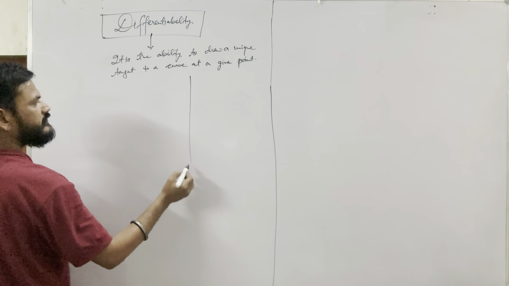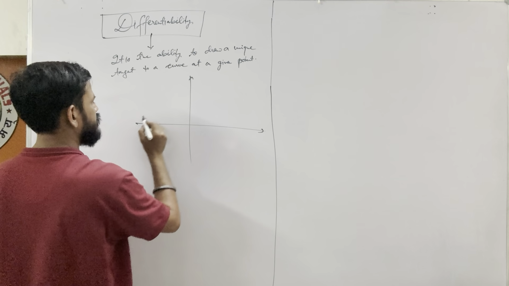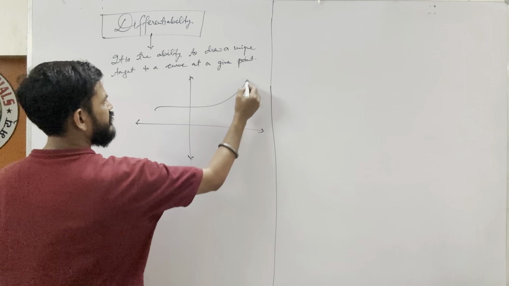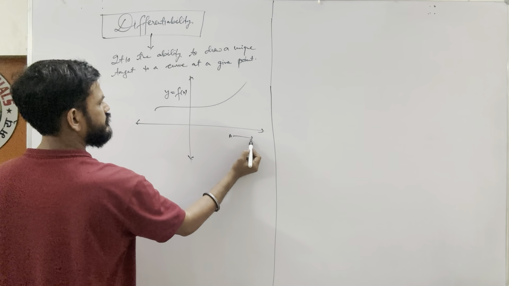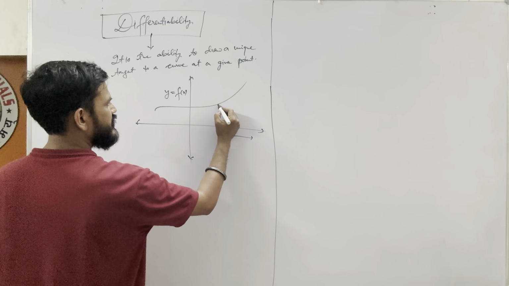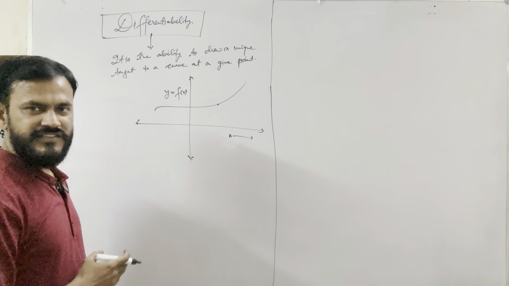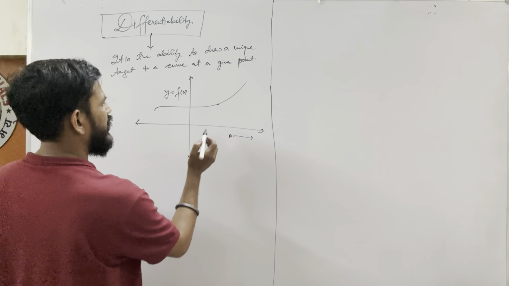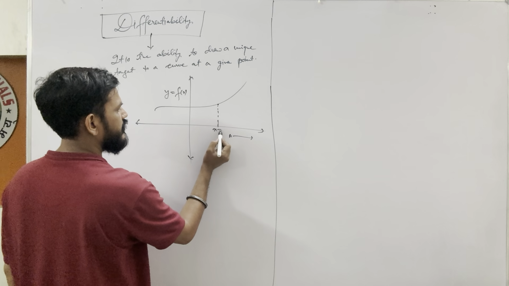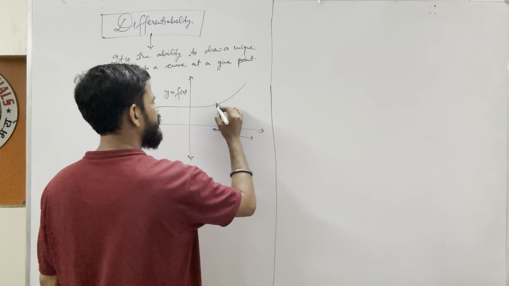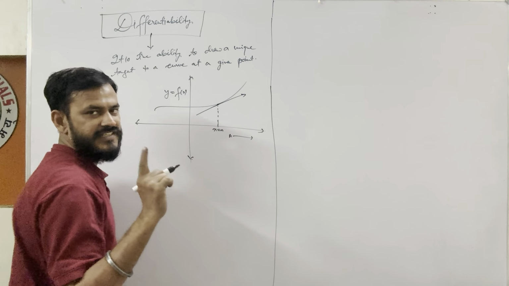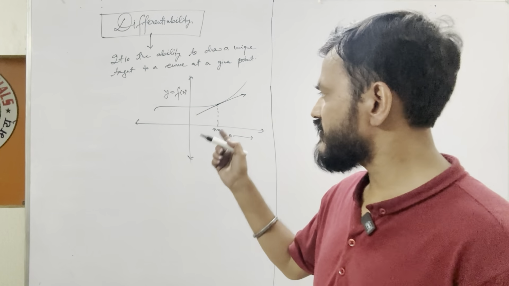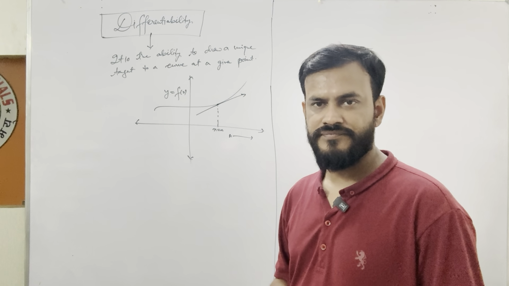That is, if the curve is like this, and you want to see if the function is differentiable at x equal to a, then if we are able to draw only one tangent at this point, it is differentiable. If we are able to draw more than one tangent, then this function is non-differentiable.